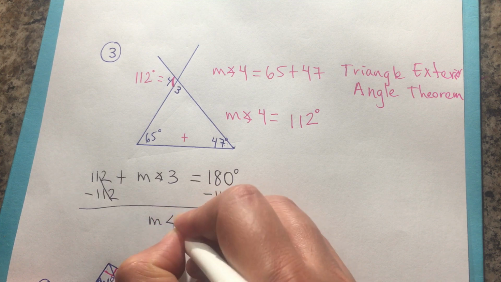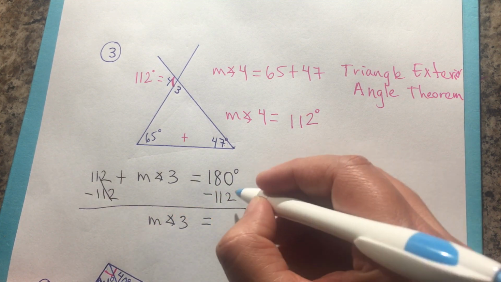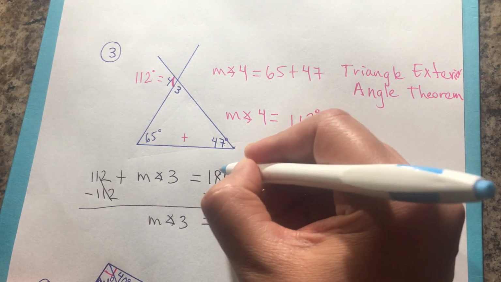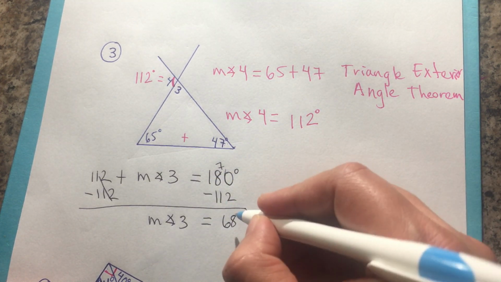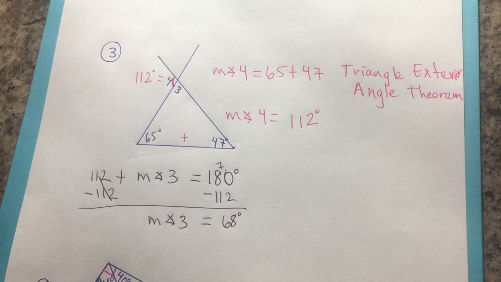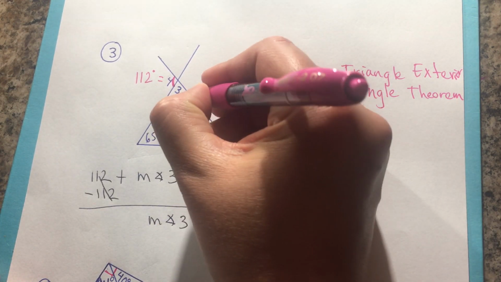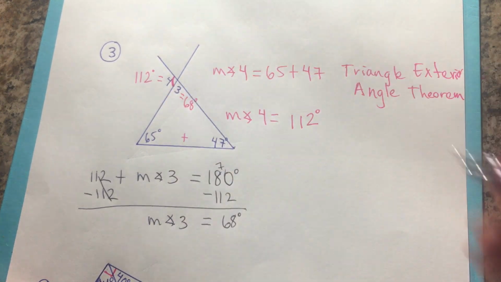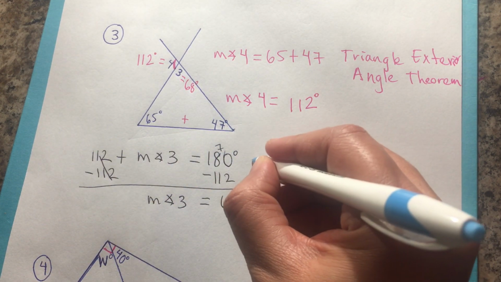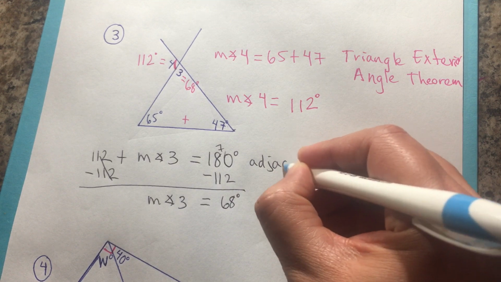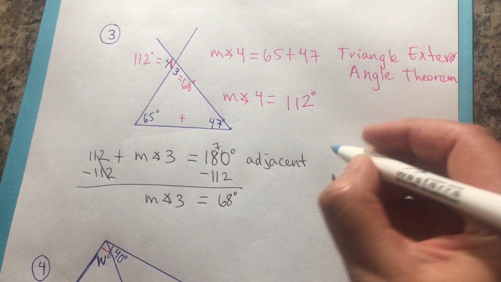And so the measurement of angle 3 is equal to 68 degrees. I'm going to put it in here, 68 degrees. For this one, the reasoning would be adjacent angles.